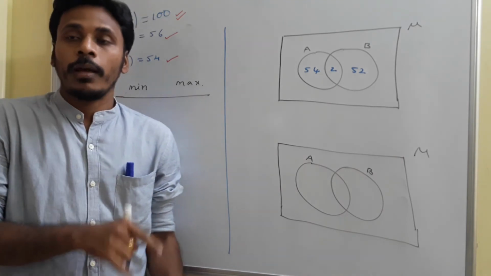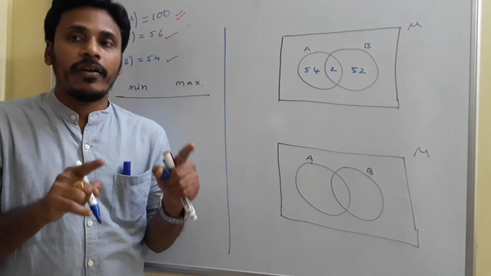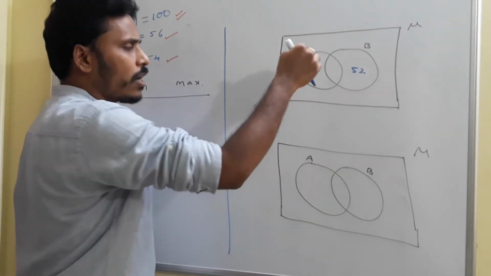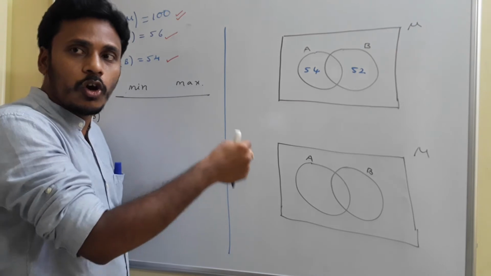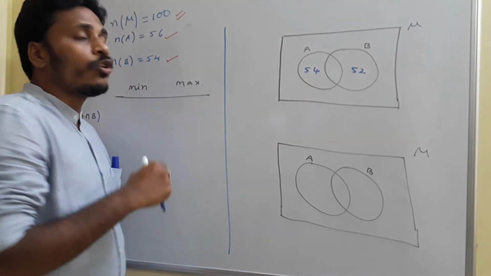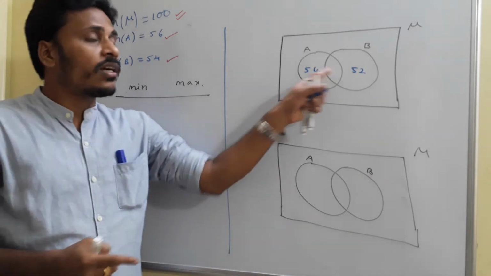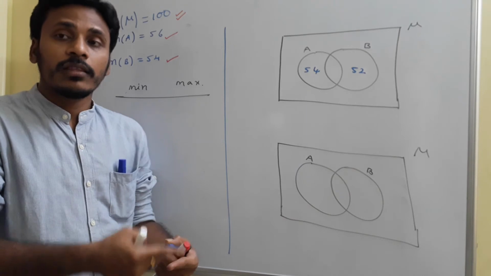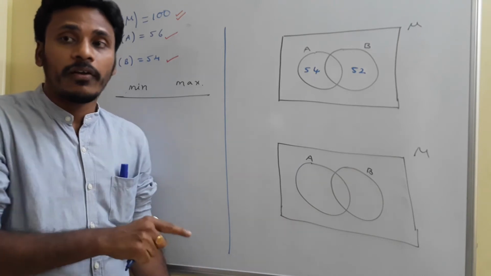Again, there is a problem, because the total value should be 100. I am checking one by one, 0, 1, 2, 3, and the total is exceeding 100 each time.